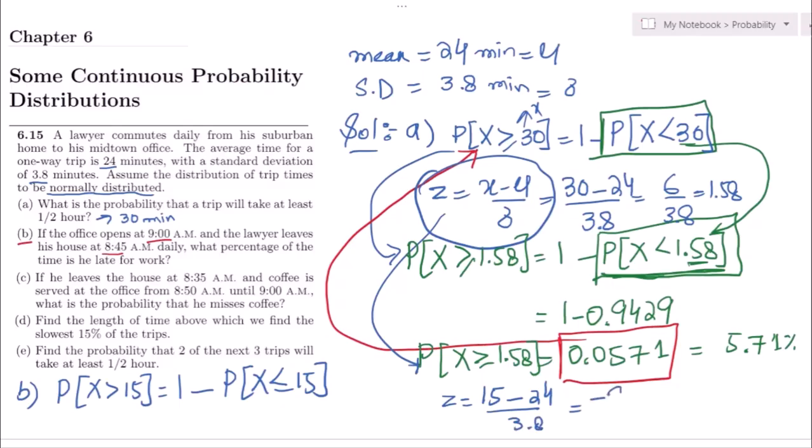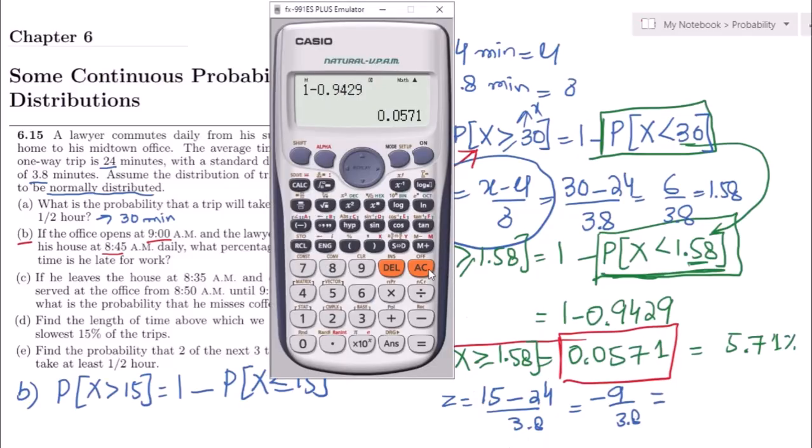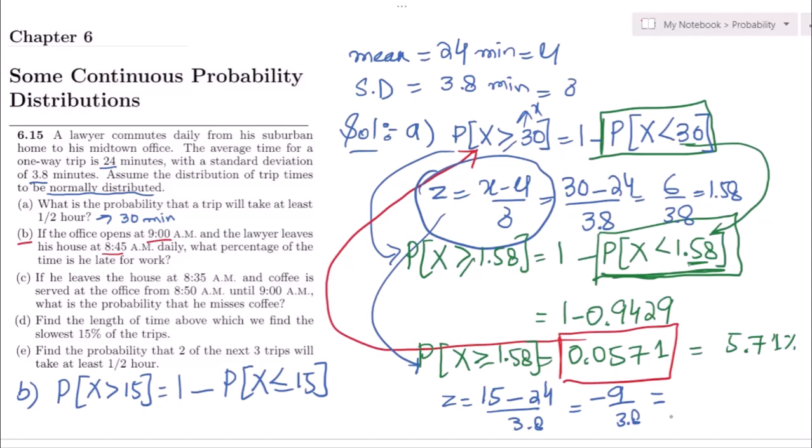So it is minus 9 divided by 3.8, which is minus 2.37, and this is the value of z. Now it would be 1 minus the probability that x is less than or equal to minus 2.37.